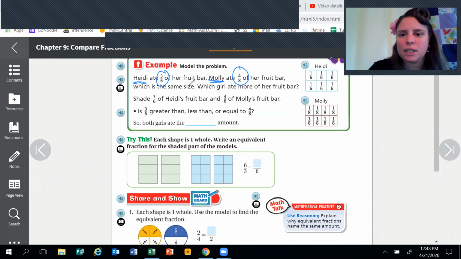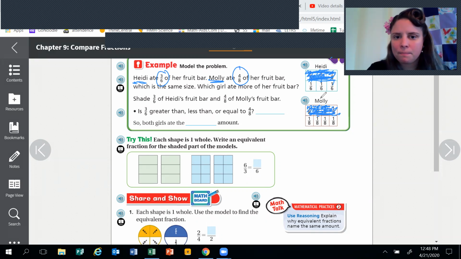So Heidi ate 3 sixths, 1, 2, 3, and Molly ate 4 eighths, 1, 2, 3, 4. Is 3 sixths greater than 4 eighths? No. Is 4 eighths greater than 3 sixths?